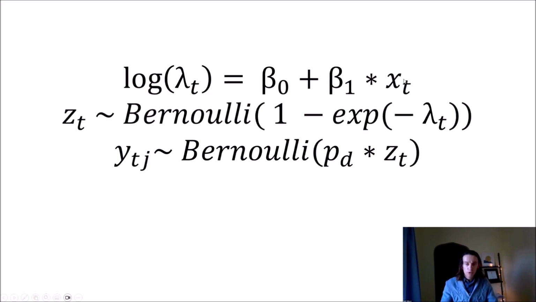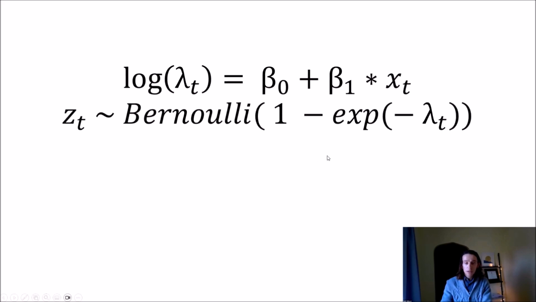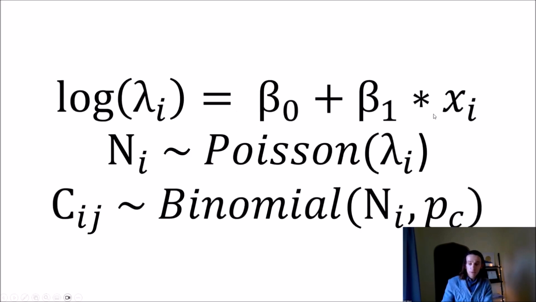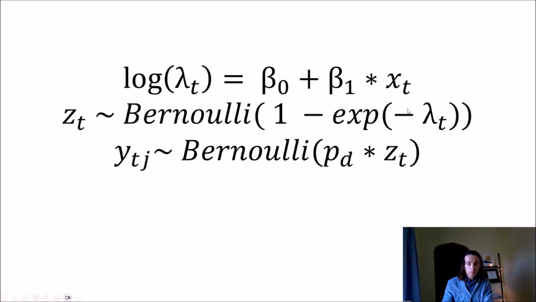So we have this model for the expected abundance, which is shared between those two submodels. And then in this case, we are assuming that we have separate observation models. So we've got this detection probability P sub D for our presence absence data, and in our count submodel, we're estimating this detection probability P sub C for our count data. So same ecological state, but different observation processes in this example.